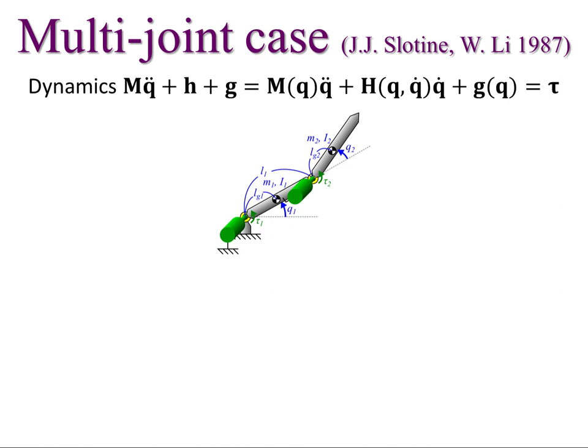When you create a simulation and actually calculate the centrifugal Coriolis term, you know each element of the centrifugal Coriolis term is always multiplied by two variables of joint angular velocity. Therefore we express the centrifugal Coriolis term as the product of the matrix H and the joint angular velocity vector q dot.